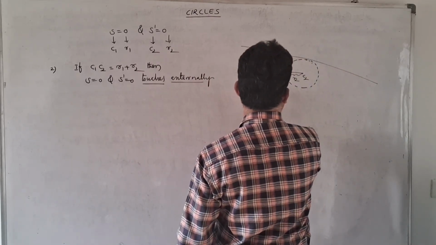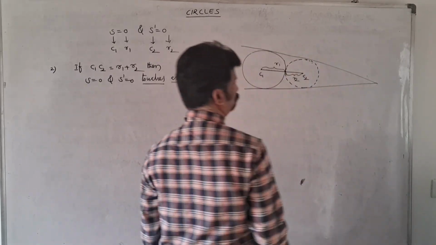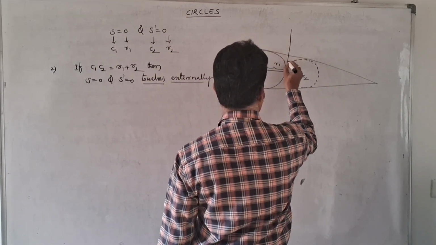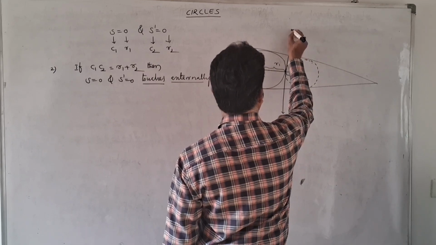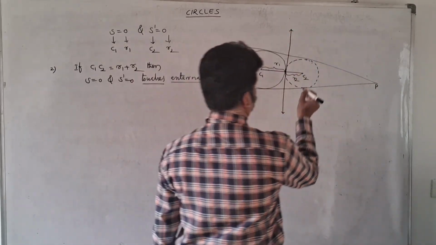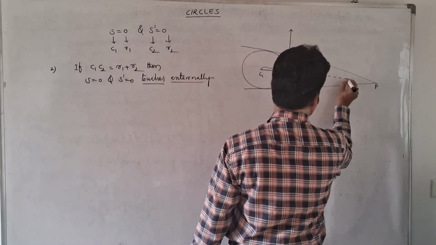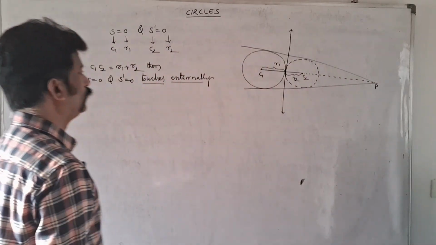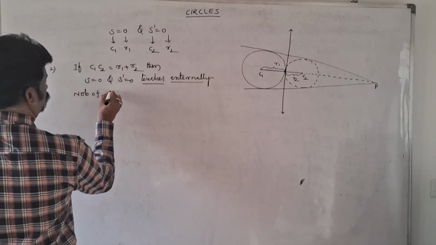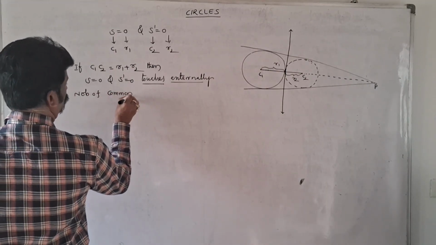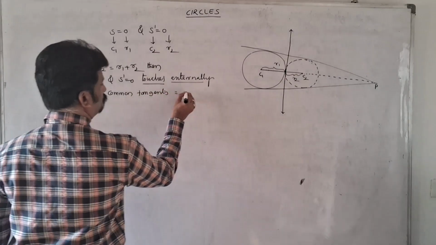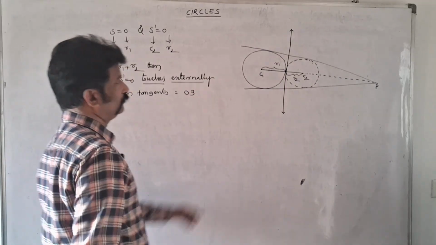Now the number of common tangents is equal to like this, this one, and this also. This one is point P. So the number of common tangents is equal to how much? 3.